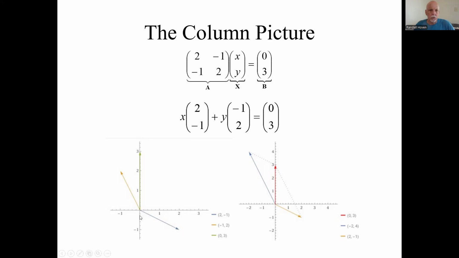And minus 1, 2 is this yellow thing here on the left. We want to know what weightings, what x and y. If I multiply this vector by something and this vector by something and add them up, gives me this vector, this red vector here. That x and y is your solution. So this is the column picture.